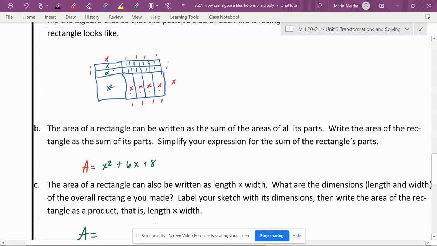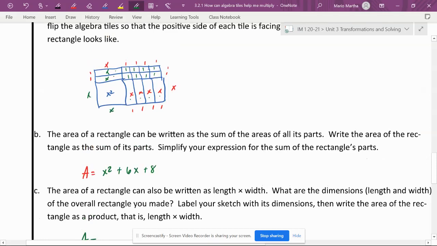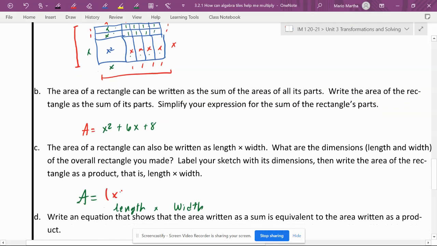All right, so in this case, we're looking at the outside parts. So let us see, this would be the width, and then down here would be the length, right? So over here we have x plus 4. So x plus 4.